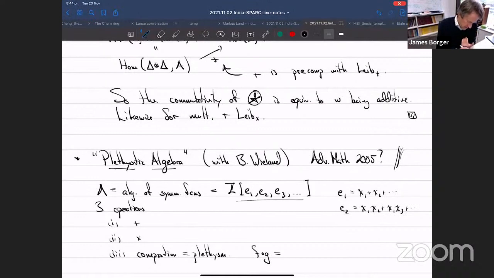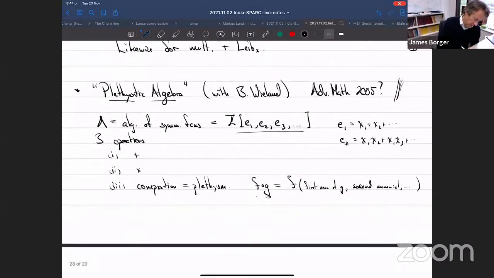You take your symmetric function F, write it in terms of the monomials, and then you substitute the monomials of G into the variables of F. Say F of the first monomial of G, the second monomial, and so on. And then this gives you a new symmetric function.